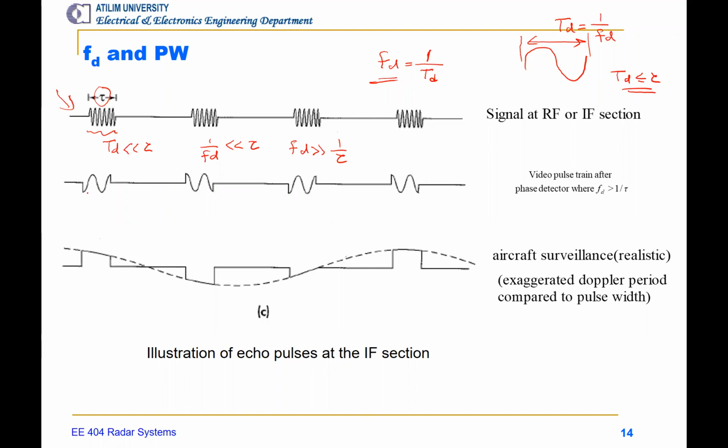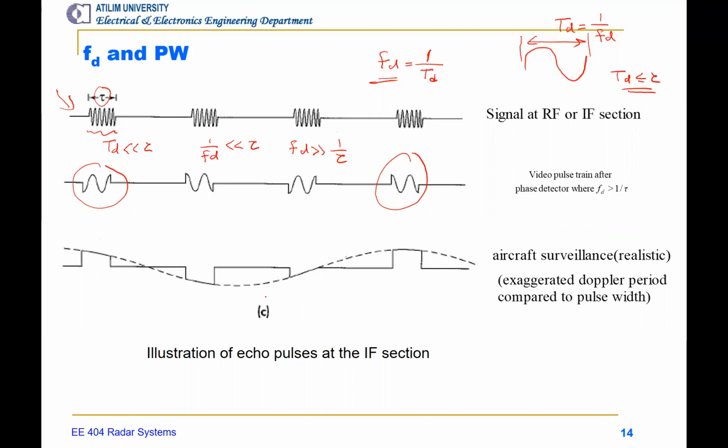Then we can see the second slide where the Doppler shift again is high enough, but it's comparable with the inverse of the pulse width. And there may be some ambiguity in this case. One pulse may not be enough to measure the Doppler shift.